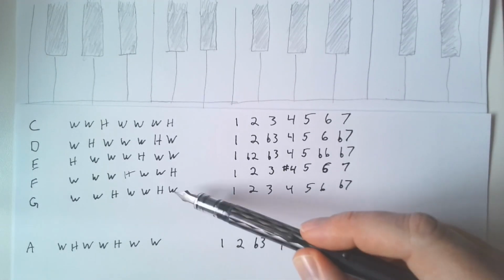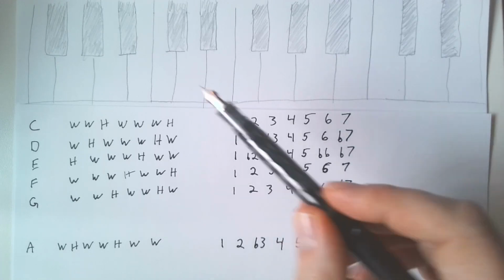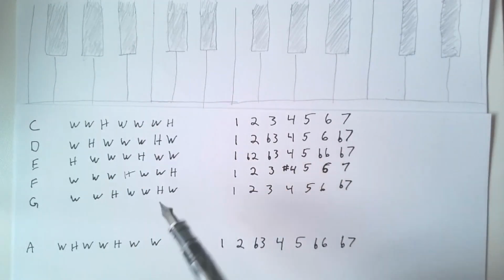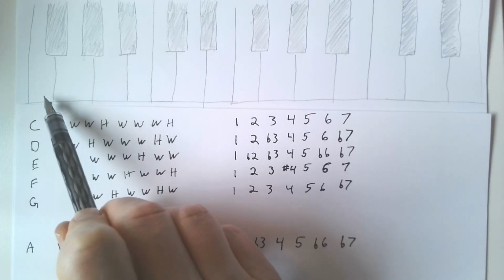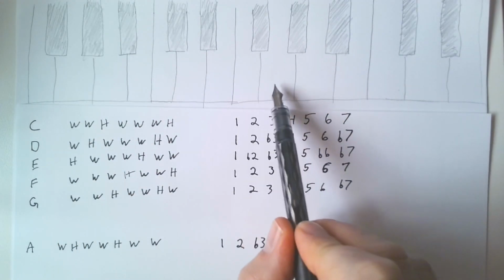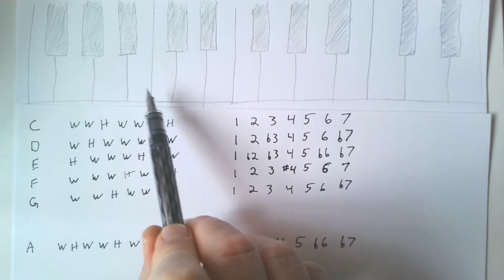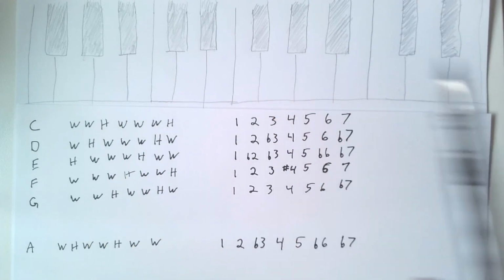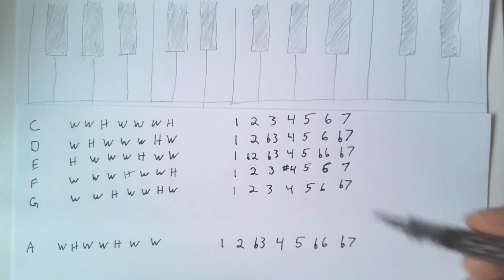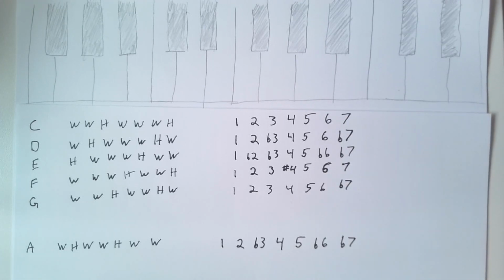The only difference between this starting on G and starting on C is that in G you've got the flat 7, that F. See that? Whereas if you start in C, the 7th is a major 7th. If you start in G, the 7th is a minor 7th. That's the only difference between that and the major.